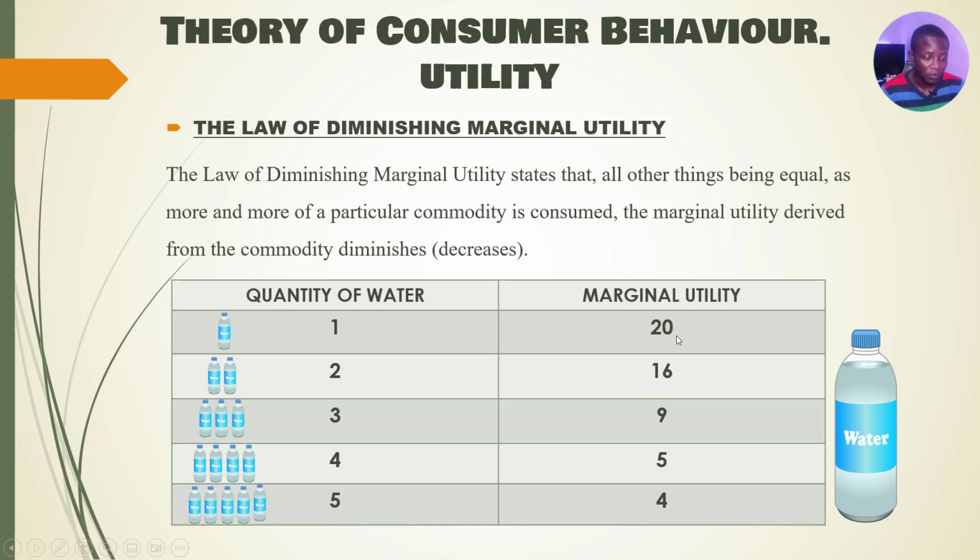That it decreased from 20 to 16. We went ahead and then we took the third bottle. The utility fell from 16 to 9. How does it happen? Because you realize that as you keep consuming a commodity over and over and over, the satisfaction that you derive from that commodity begins to fall.